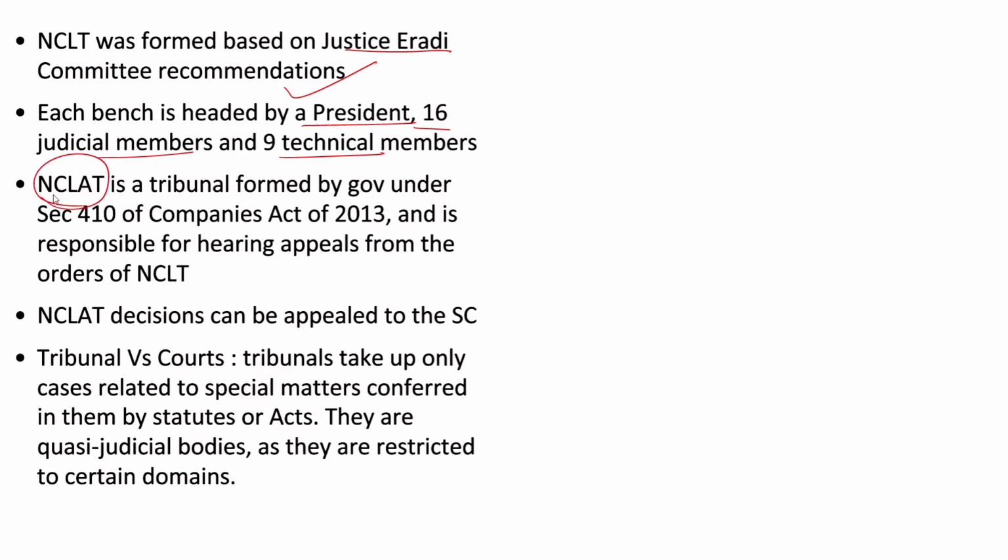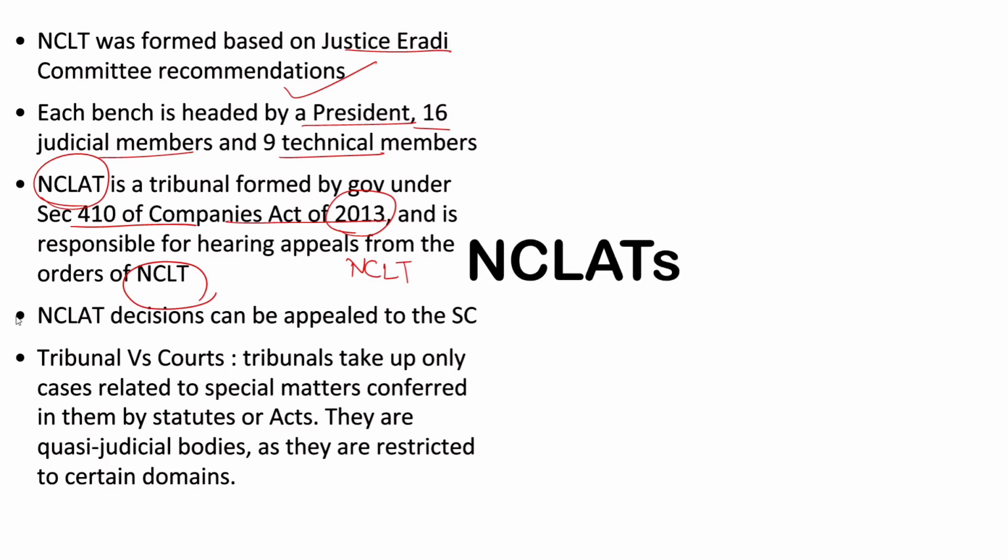An NCLAT is a National Company Law Appellate Tribunal, which was formed by the government under Section 410 of Companies Act 2013 and is responsible for hearing appeals from the orders of NCLTs. So if there is an NCLT judgment and a person is not satisfied, they can move it in the NCLATs. Talking about NCLATs, the decisions of the NCLATs can be appealed in the Supreme Court.